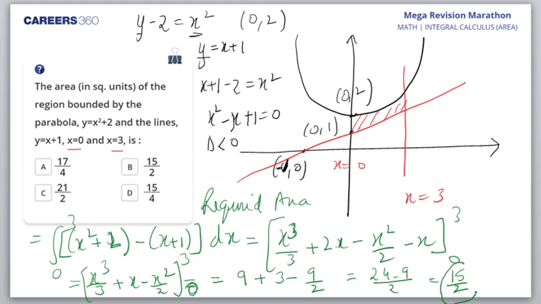Okay. I hope everybody understands this. 15 by 2. So that's the right answer. So let's move on to the next question. Are you all okay? Yes, Prachi, you got the right answer. Sanskriti, yeah, it's B. So I hope everybody understands this.